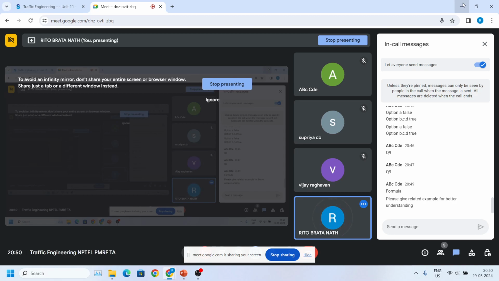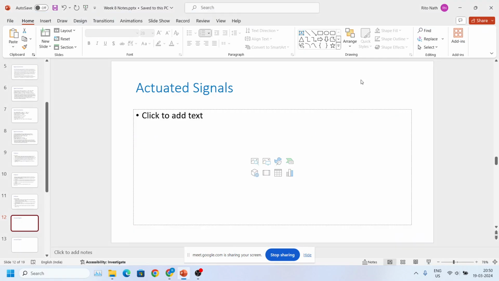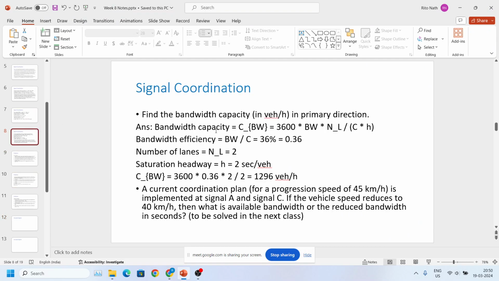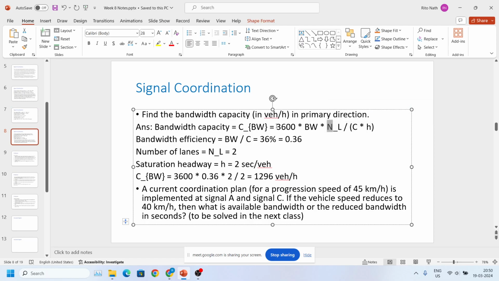Related example, I tried to give a 3, but that didn't work out. But with 2, it's fine. It's the same formula, right? Here I have already used it. This is the formula. It's written in the slides, right?